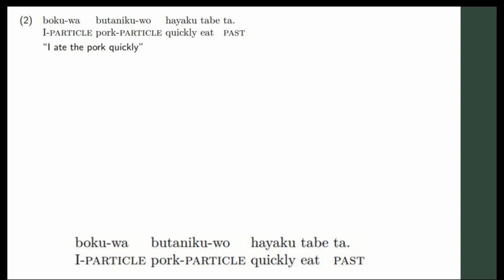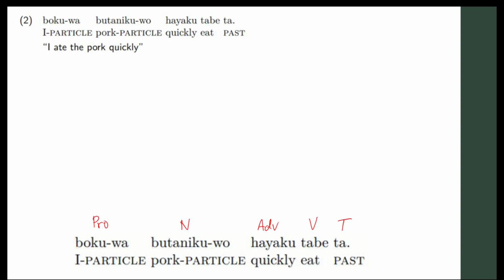So we have I, which is a pronoun or noun in this case. Pork, this will be a noun as well. Quickly will be an adverb. Eat will be a verb. And what's nice is we have tense here. So we already know where T is in our tree.